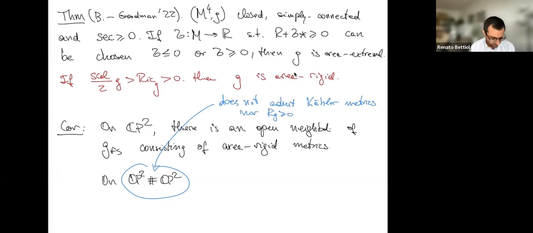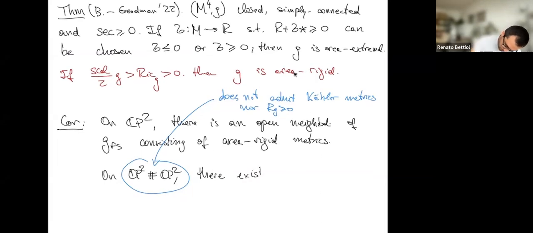So you didn't really have any criterion to establish rigidity on it, but you can prove that it has some area-rigid metrics. On CP2 connected sum CP2, I'll just be very vague on what they are. For people who know it, these are the metrics constructed by Cheeger. There exist area-rigid metrics.